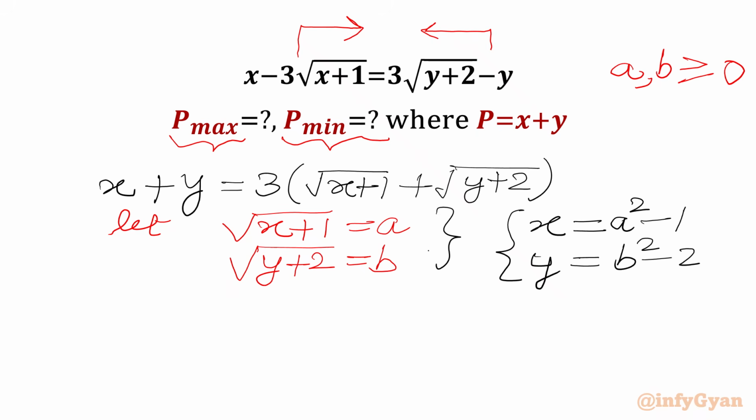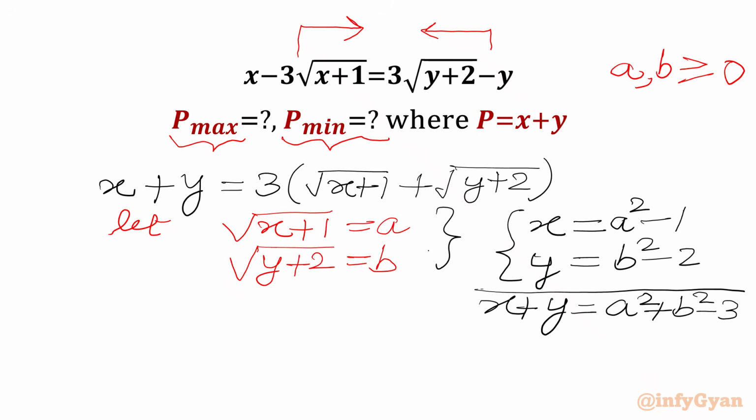After adding these two equations, we'll be able to find x plus y, which will be equal to a square plus b square minus 3, which we are going to plug in here. Square root x plus 1 is a. Square root y plus 2 is b. So we can write equation in a b.